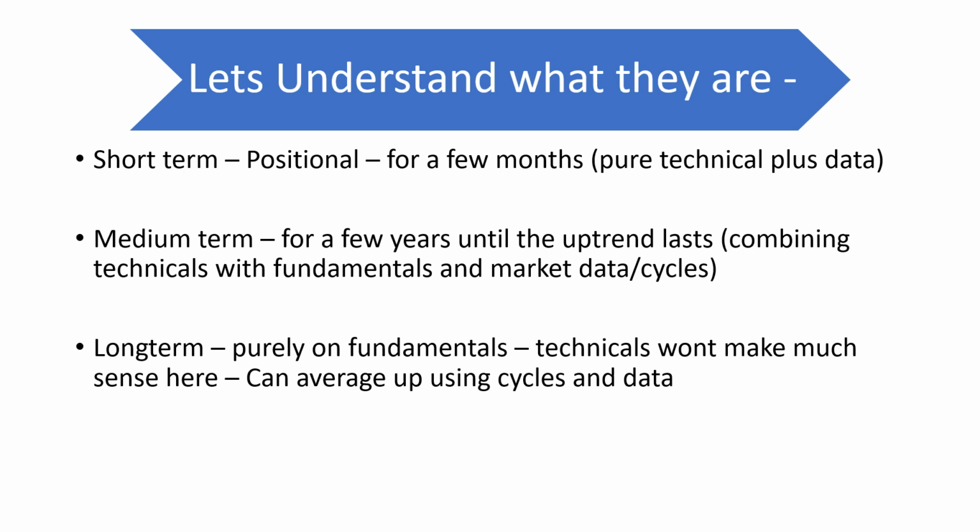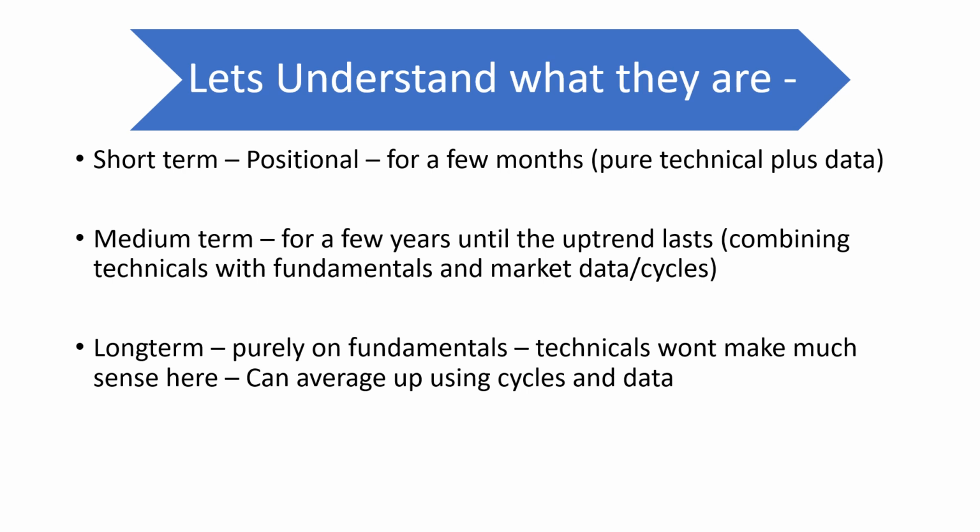Then comes medium term. Medium term is usually for a few years. You have market cycles which I'll be discussing, and I'll show you examples also, which last for 3, 4 years of bull market, then 1.5 years of bear market. So there you would want to play that full 3 or 4 years of bull market, wherein the rally lasts and stocks go up 2x, 3x, 5x, sometimes 10x also. How do we play those?